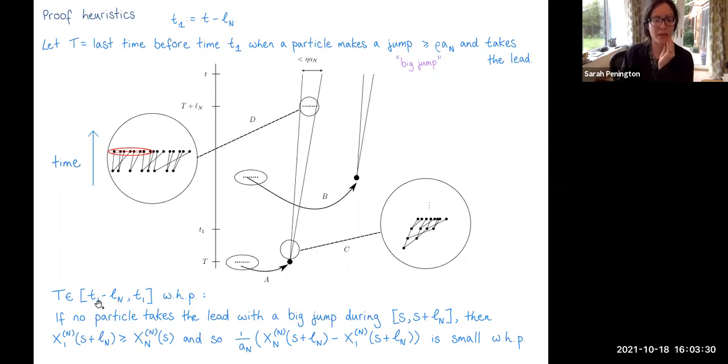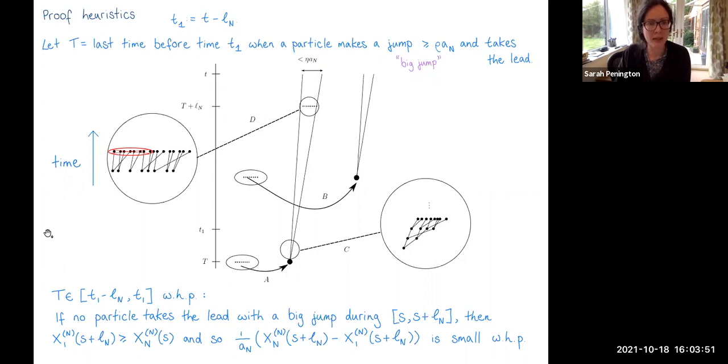What we want to show is that it will happen within a time interval of length just ln. We will have to work a little bit harder to do that, but you can use this kind of idea to show that if nothing takes the lead with a big jump, the diameter ends up being really small, and that ends up meaning that it's easy to take the lead with a big jump. So that's roughly how we show this.